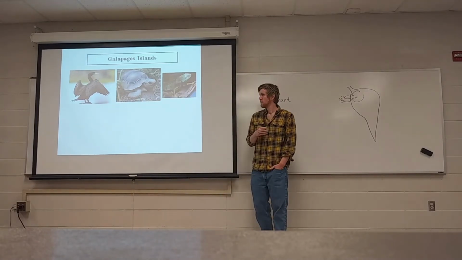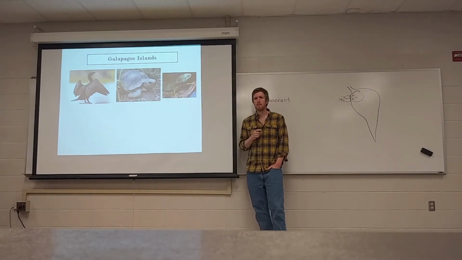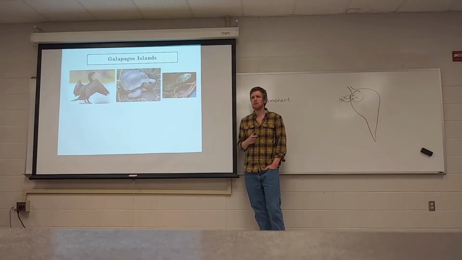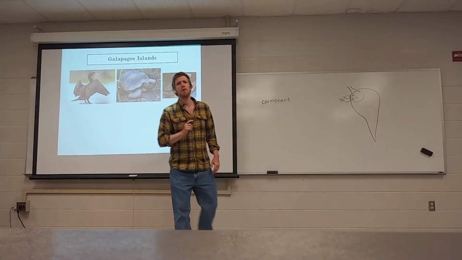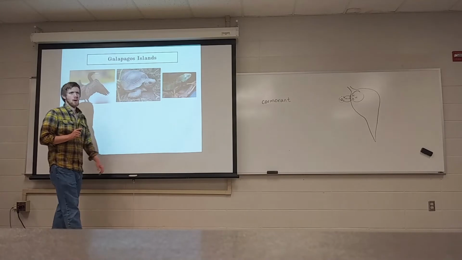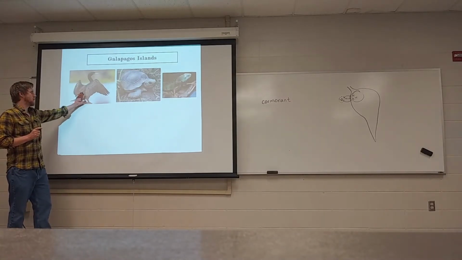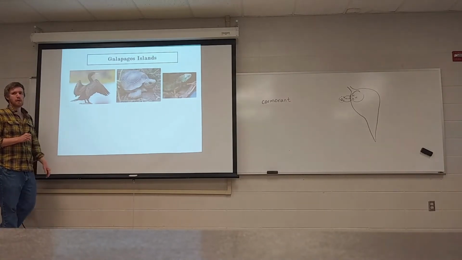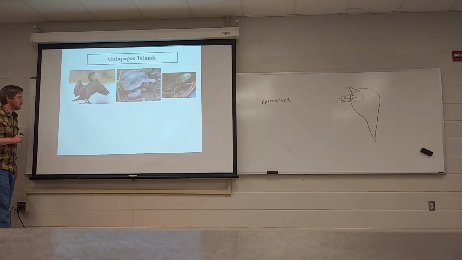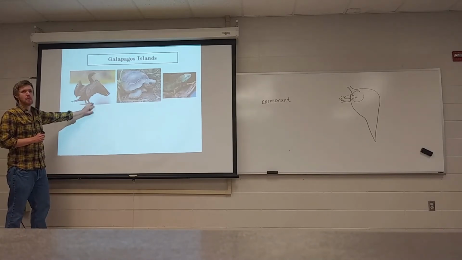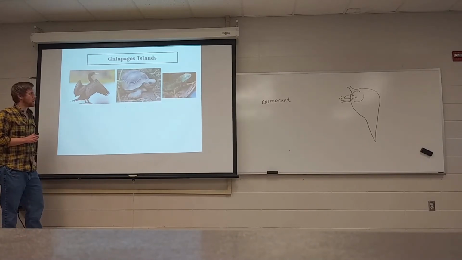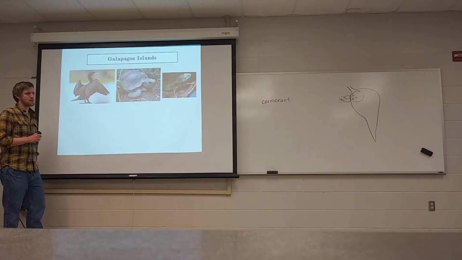So energy put toward one thing is energy not spent on something else. So what if there's no use for wings anymore? Cormorants feed on fish. They can swim through the water just fine without wings. So on the Galapagos Islands, having wings is a waste of energy. It has no benefit like it would have on the mainland.